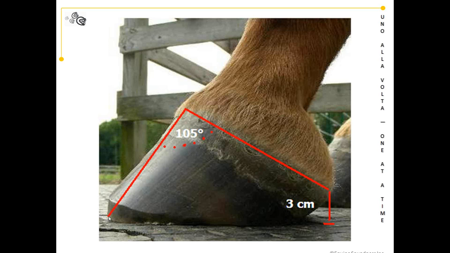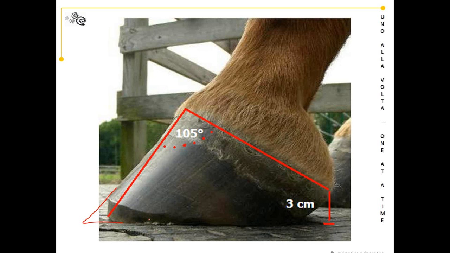This is viewing the foot from the side. If the hoof were following the toe line, it would still be out here. You see how much longer this would be? So then you have a really long toe.